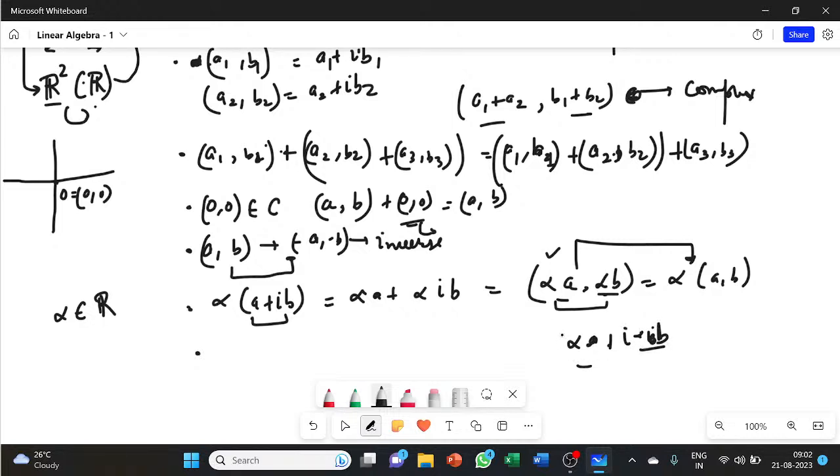So scalar multiplication is well defined. It is closed. That is, even if there is an element from complex numbers, a plus iota b, if I multiply it with alpha, this will remain in complex numbers only.